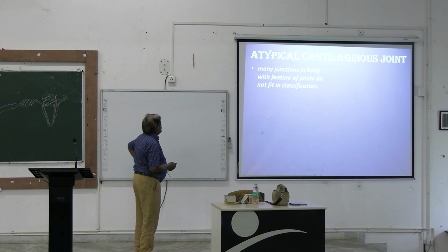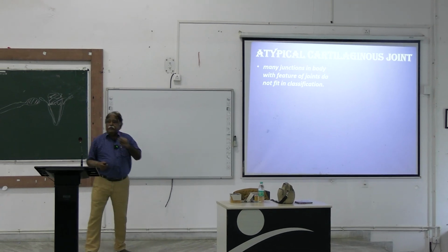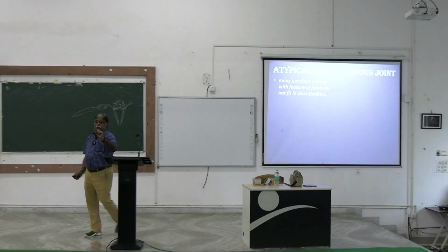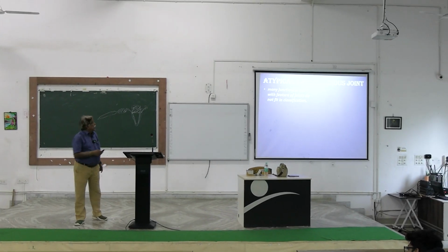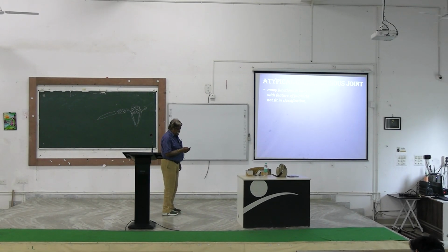Atypical cartilaginous joint. Many junctions in the body with features of joints do not fit in the classification. Now it can be a short 2 marks question or 4 marks question. Atypical cartilaginous joint: many junctions in the body with features of joints do not fit in the classification.